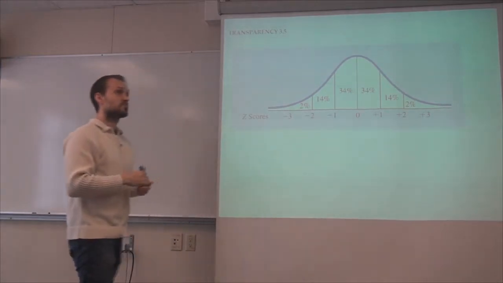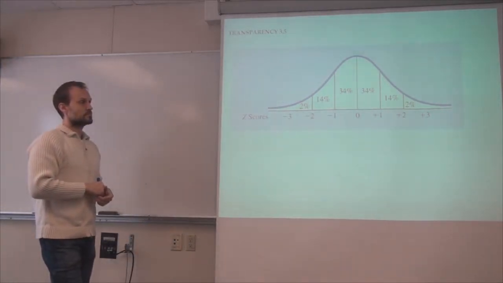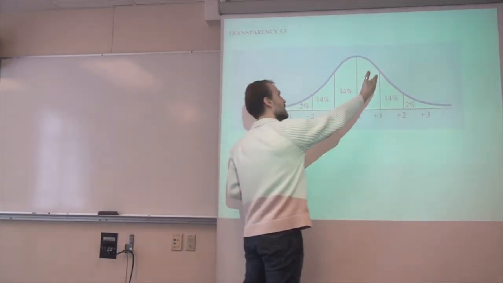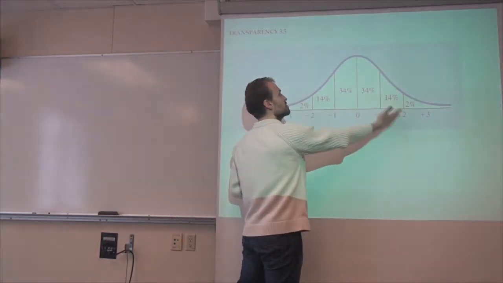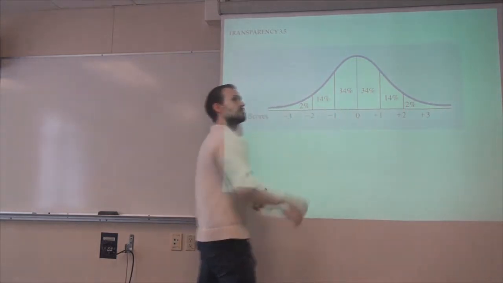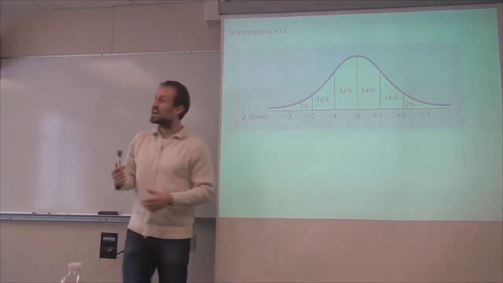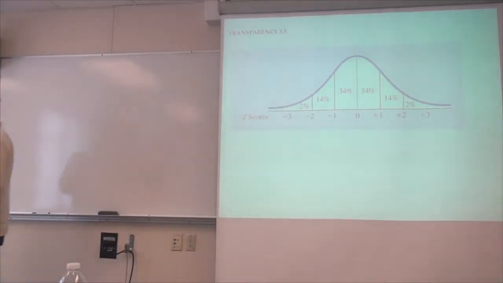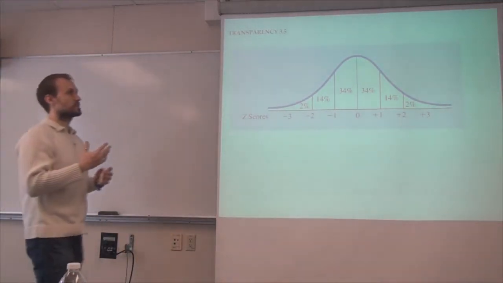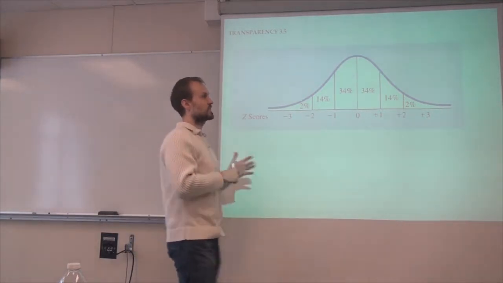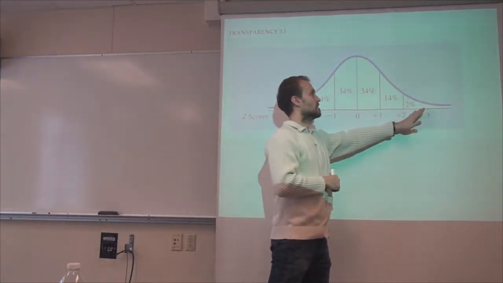So that's tied to the idea of percentiles, where I have a cutoff breaking it up into 2 regions under the curve. So if I look at the 98th percentile, it's the score that separates the population into the bottom 98% and the top 2%.